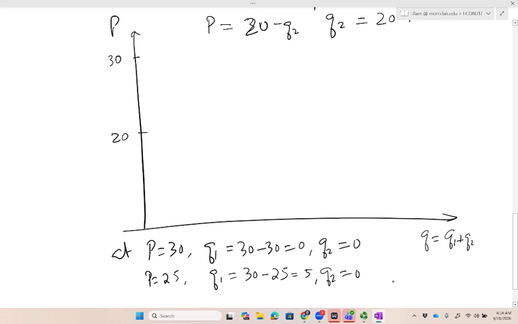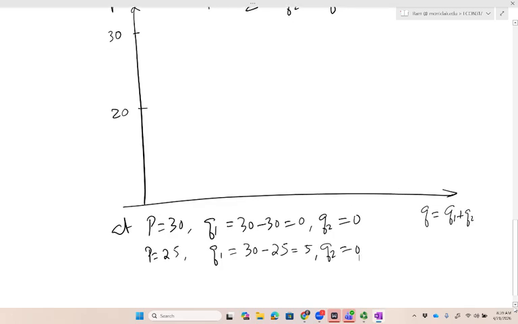In other words, the market demand at either of these two prices constitutes only the quantity demanded by buyer 1. So Q, the sum of Q1 plus Q2, turns out to be 0 when price is 30, and 5 plus 0 when price is 25.